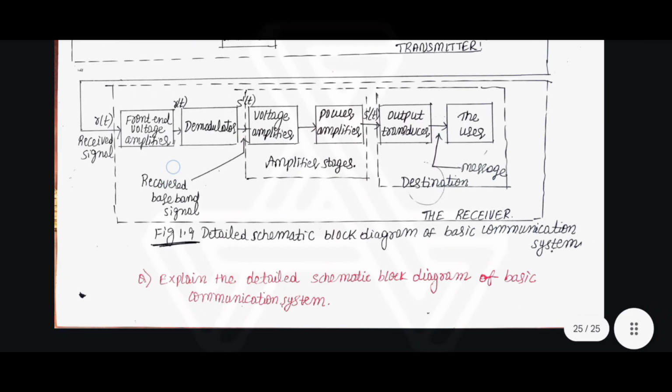This is the detailed schematic block diagram of the basic communication system. Explain the detailed schematic diagram of the basic communication system.